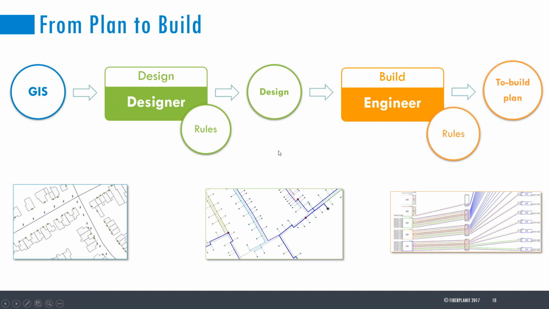Now, related to Engineer, like I said, Engineer is focusing on the low-level design, and what's important to mention here is that Engineer is being used to take a design that's calculated with FiberPlanIT Designer, and where you can configure a set of design rules, meaning the naming conventions that should be used, the labeling, the cable configuration, splicing rules that should be followed.